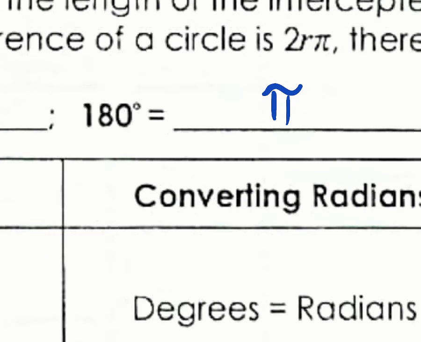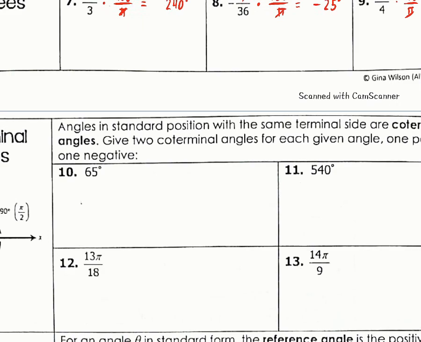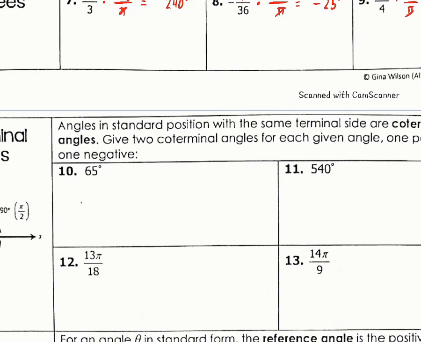They're called coterminal angles. Coterminal angles mean that they might look different, but they're in the same position or location. So that's the next thing we're going to do. We're going to find coterminal angles.